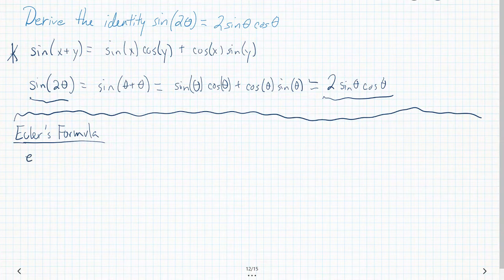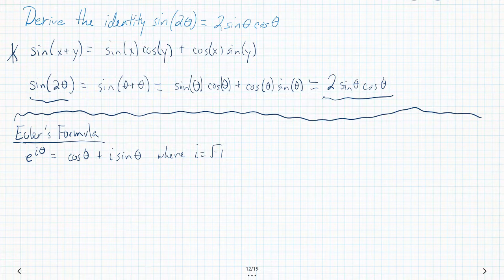It says, if you want to work with e to the i theta, this is equal to cosine theta plus i sine theta, where i is the imaginary number, so i equals the square root of -1. You may say, whoa, wait 1 second here. Why do we want to work with this? And I'll show you why.